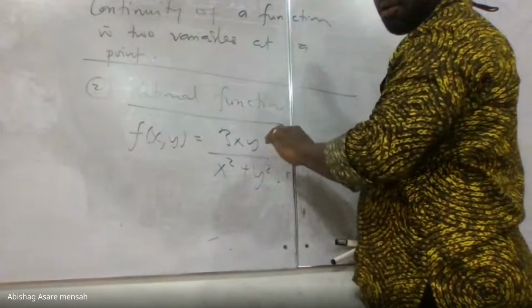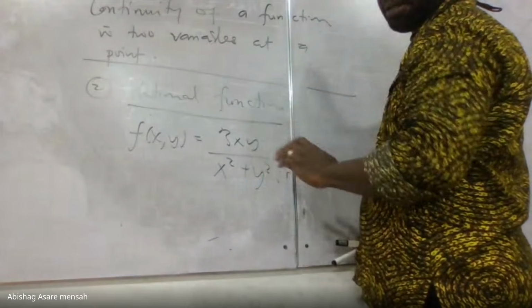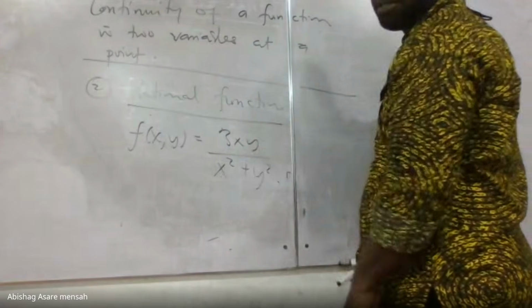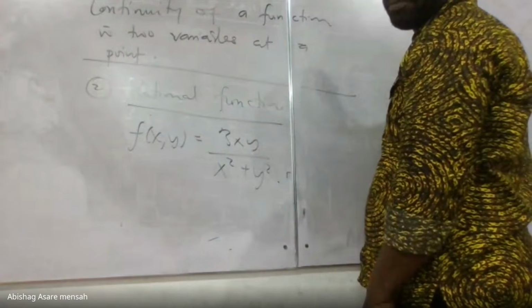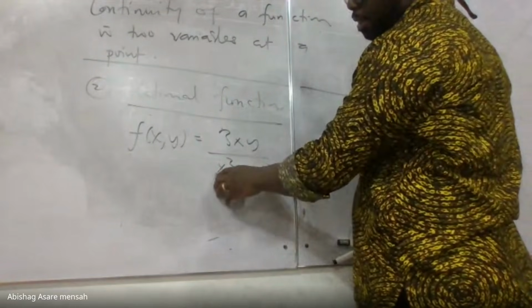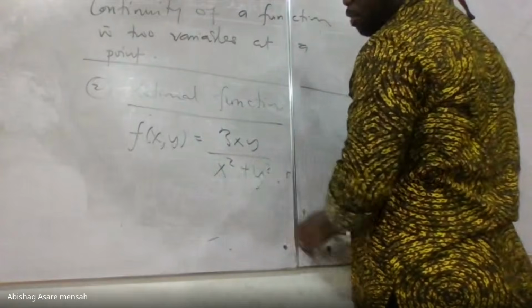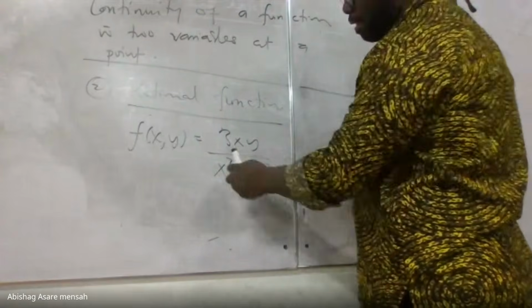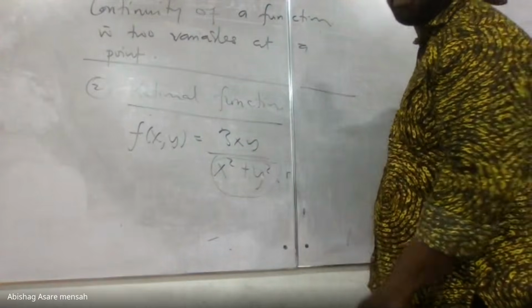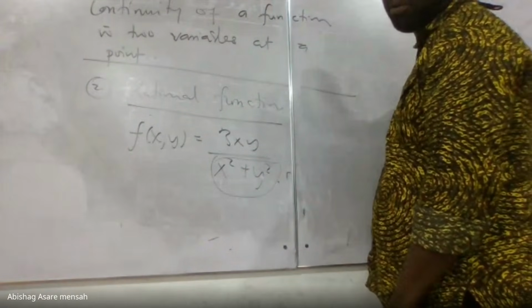We accept all numbers x and y, except any number that will make this part 0. So how do you solve it? You assume that the expression here is equal to 0.